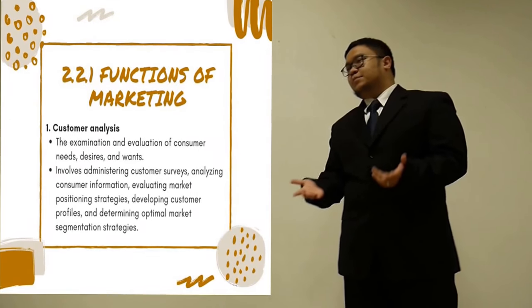For example, a very easy example: when you go to the supermarket, there is a segmentation area of Nestle products. Nestle wants to know the consumer feedback about their new product.